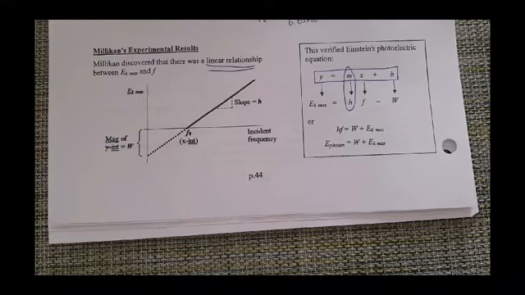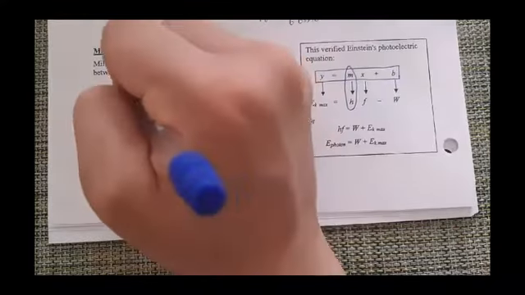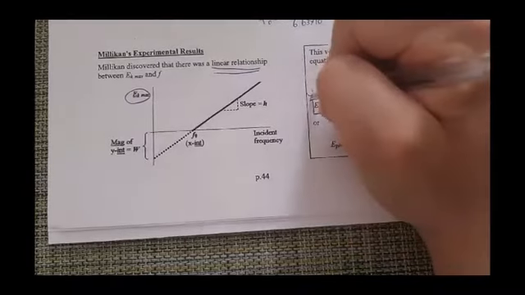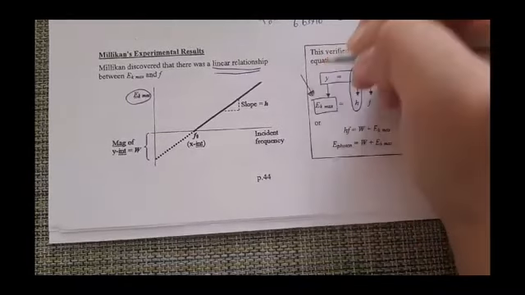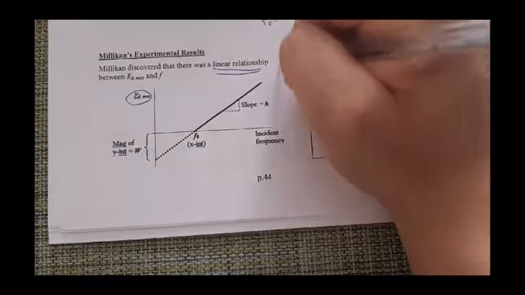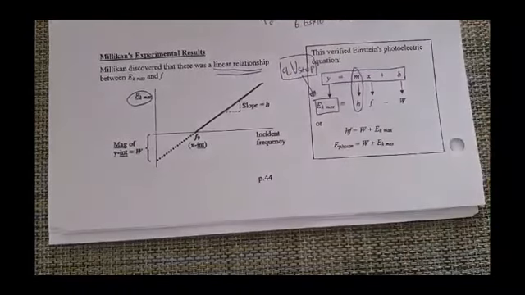So here's what you put. For the y-axis, he put EK max, and that could be converted from our QV stop. So it is convertible. And we measure QV stop first and then convert it simply into kinetic energy for each of the plots, if that makes sense to you.